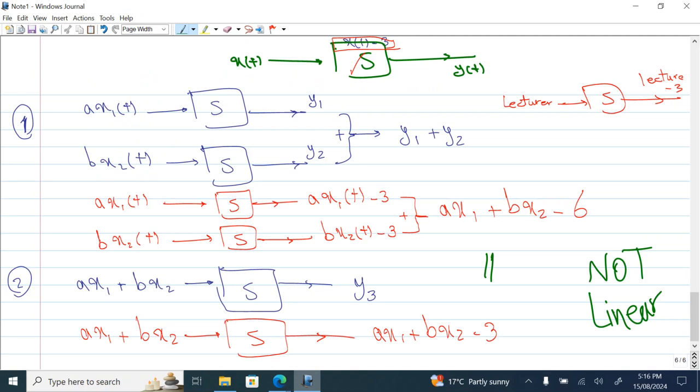The system is t squared x(t). Who said that? Come to the board. Come on. It's easy. Believe me. It's 3 marks. 3 bonus marks. Come.